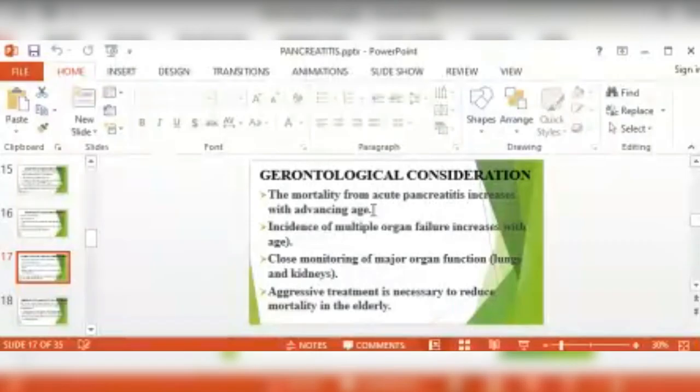And then also close monitoring of major organ function like the lungs and the kidneys in adult patients. In an adult who is having pancreatitis, you have to monitor for complications or damage of the nearby organs, like the lungs, the kidneys, the liver, and then the heart.